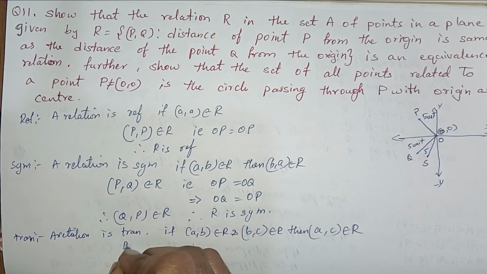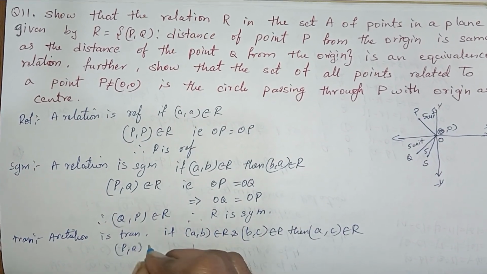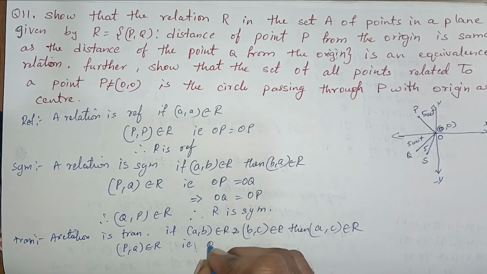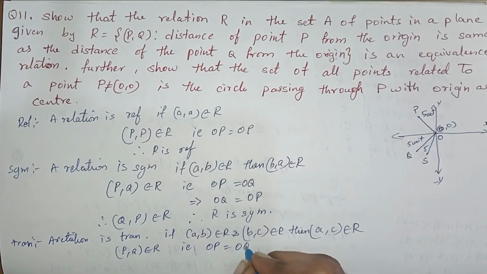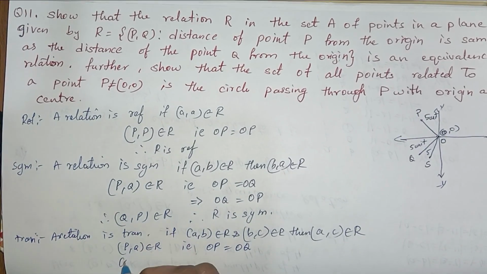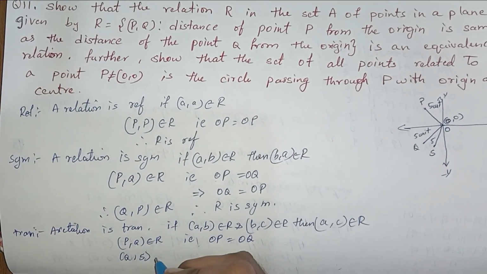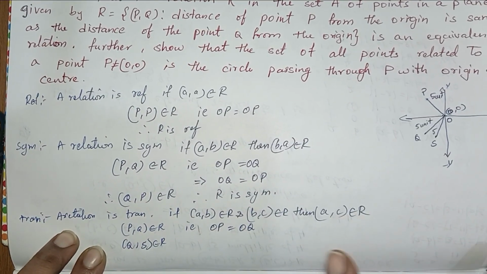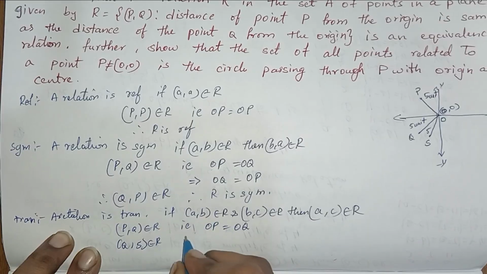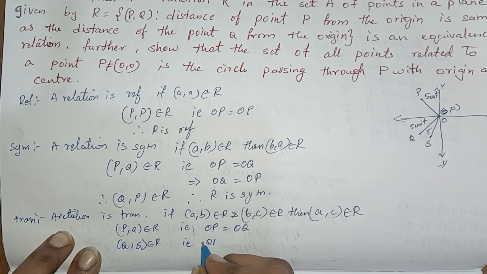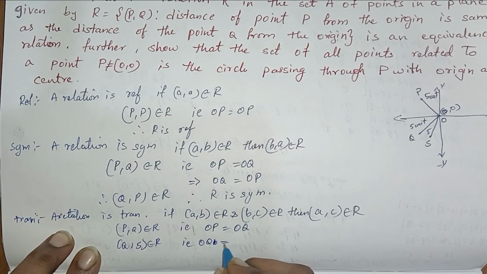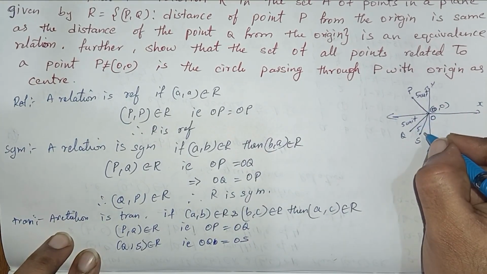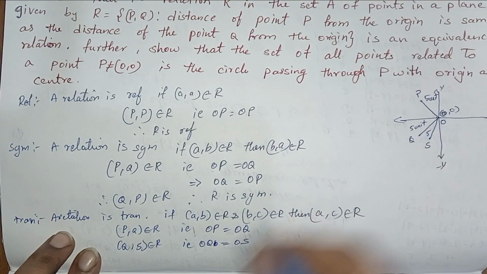So we'll take first P comma Q. If P comma Q belongs to R, that is OP is equal to OQ. Next Q comma S belongs to R, that is OQ is equal to OS, because this is 5 units and OS is also 5 units.